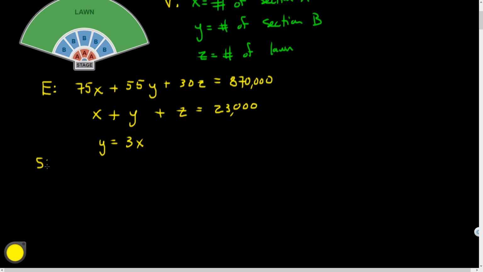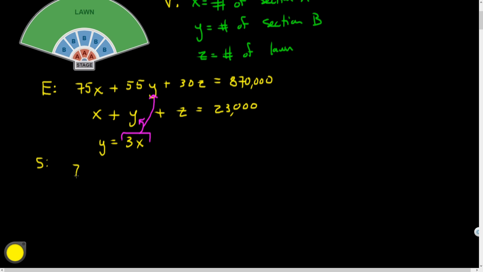And so now that I've gotten my variables and my equations, I'm going to solve. And looking at this, this one's already solved for y in terms of x. I'm tempted to do substitution here, I think. And so I'm going to plug 3x in for this y and for this y.